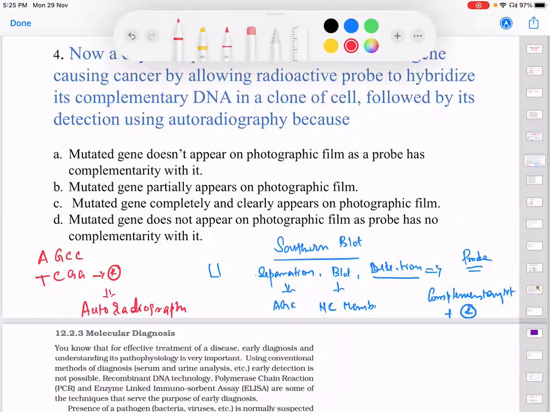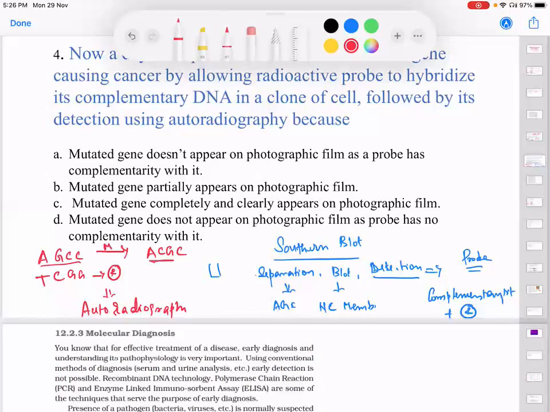Now, what does the question say? This is the sequence. In case there is a change in sequence, say a mutation, and mutation is nothing but a change of nucleotide sequence, say AGCC becomes ACGC, the probe which I'm adding cannot bind with this particular sequence.